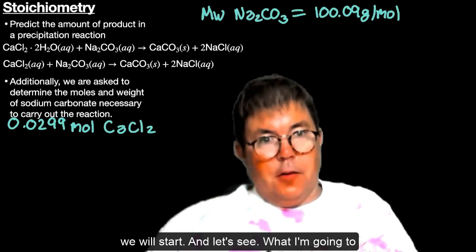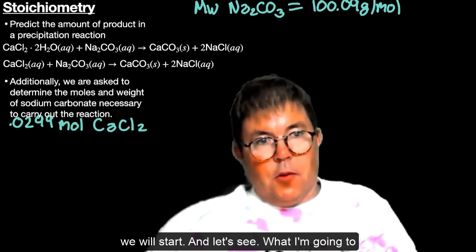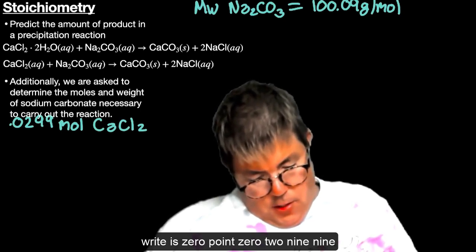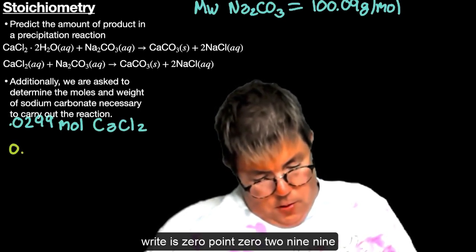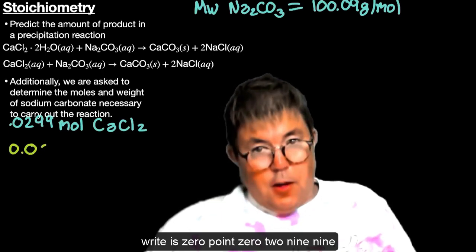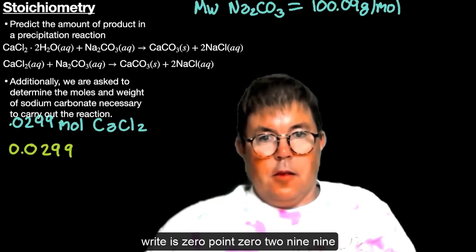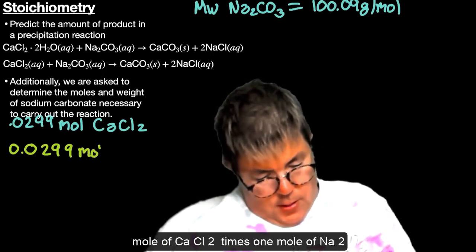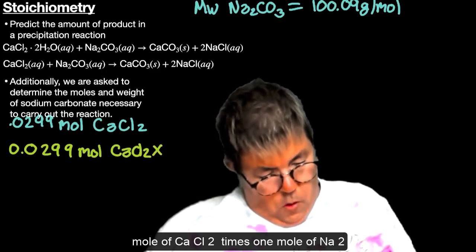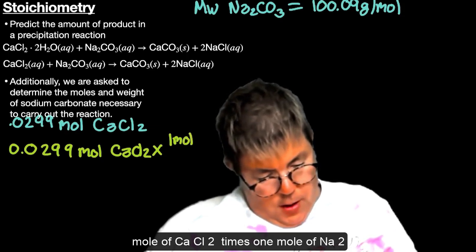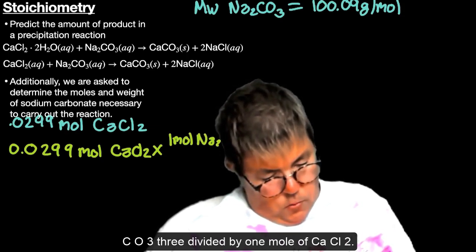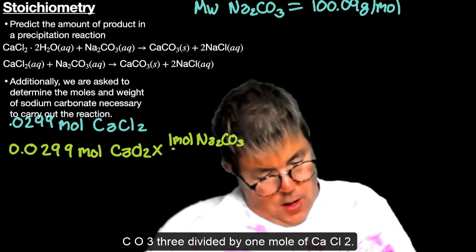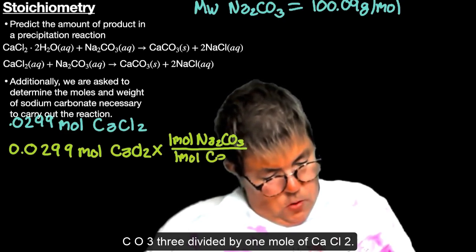What I'm going to write is 0.0299 mole of CaCl2 times 1 mole of Na2CO3 divided by 1 mole of CaCl2.